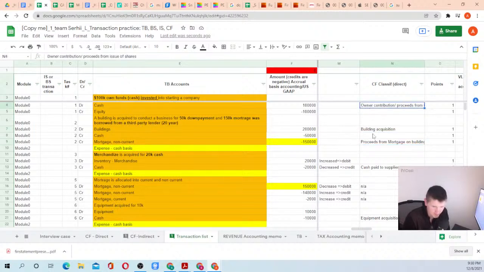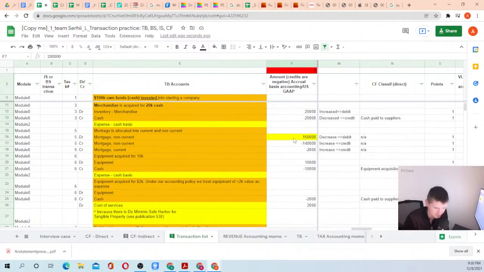And sometimes it's not a straightforward operation. You can't always get this right. For example, we faced one choice here. What do we do when we acquired a building on a mortgage and we paid only 50,000 cash, but the building was 200K? If it's third-party financing, we reflect it as gross. And if it's not third-party financing, we reflect it as net.